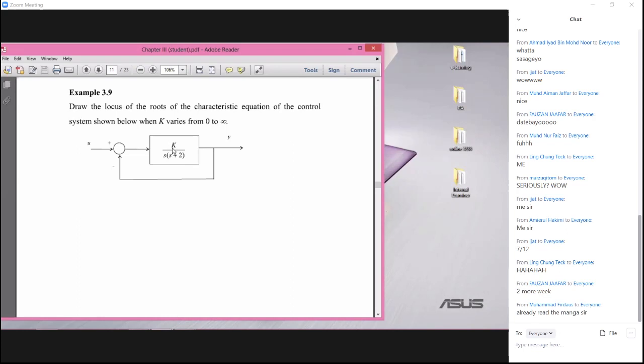For any value of k, we are going to have two roots. The root locus diagram is the path taken by each root when k varies from 0 to infinity. So your first task is, of course, to obtain the characteristic equation and get the expression for each root.